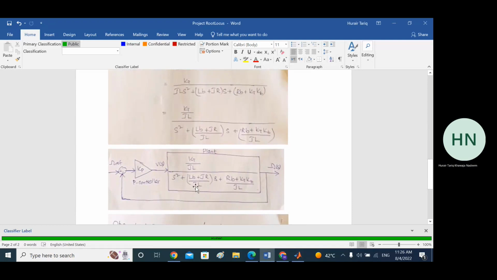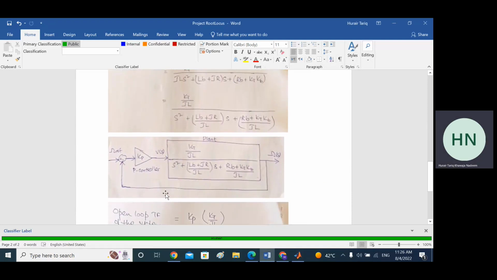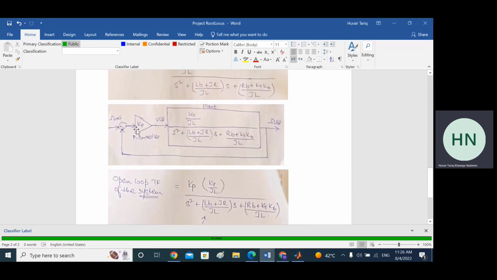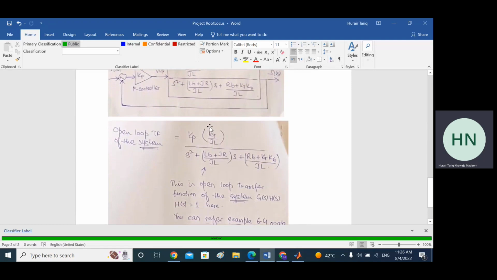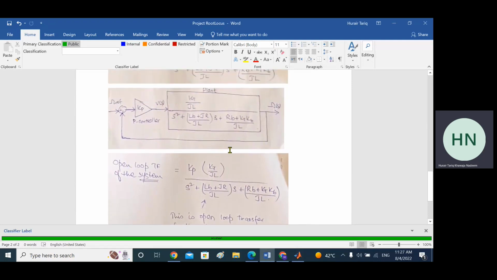I say system because the system is made up of plant and controller, and it has got this feedback as well, which is done by a sensor. So now this is the P controller and this is the plant. Now the open loop transfer function of the system is actually this thing.